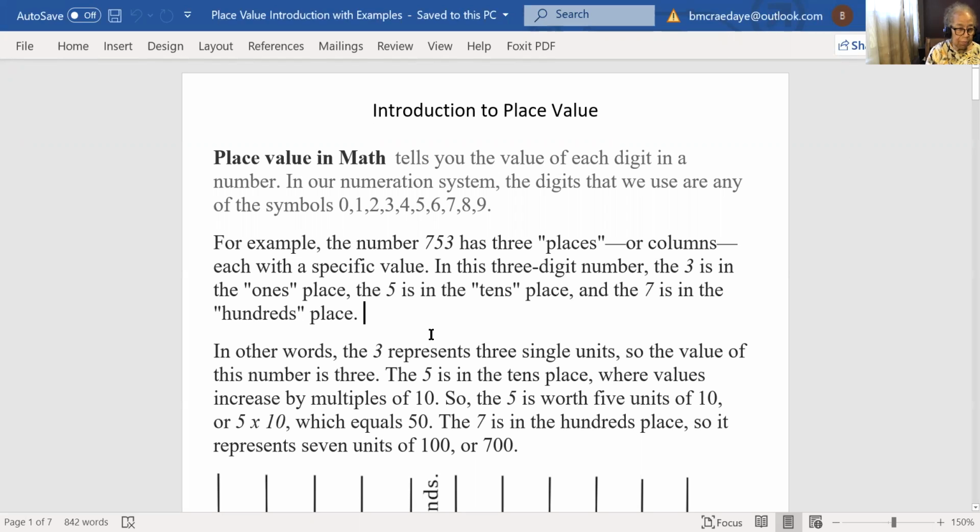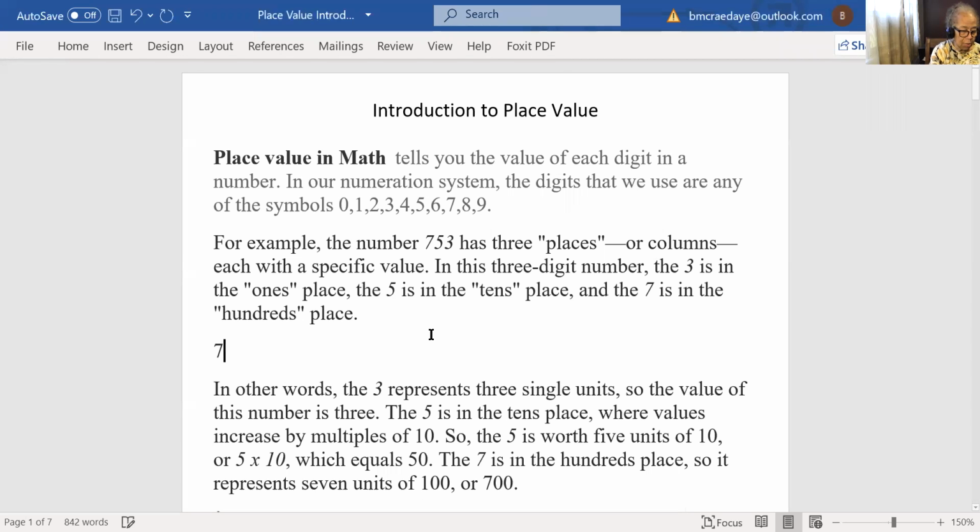I'll just write it here, 753. 3 is in the ones place, 5 is in the tens place, 7 is in the hundreds place. In other words, we have 3 units, we have 5 tens, and we have 7 hundreds.